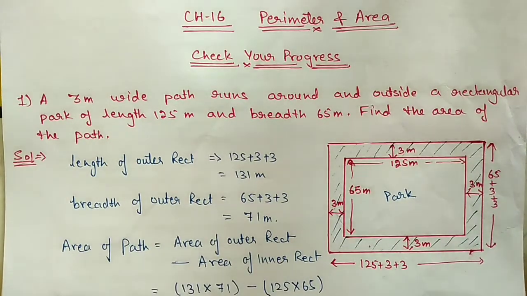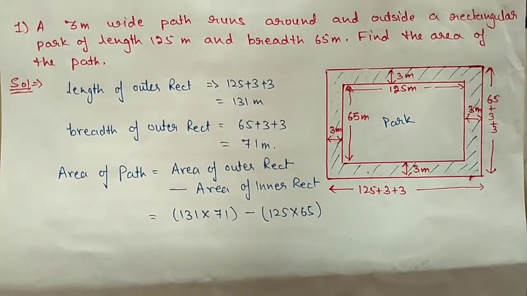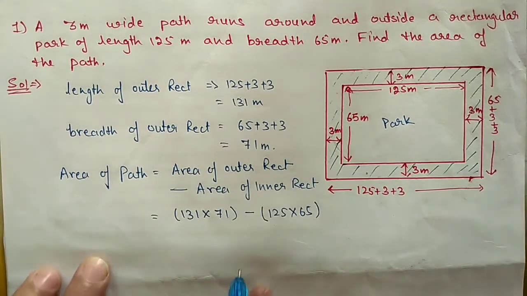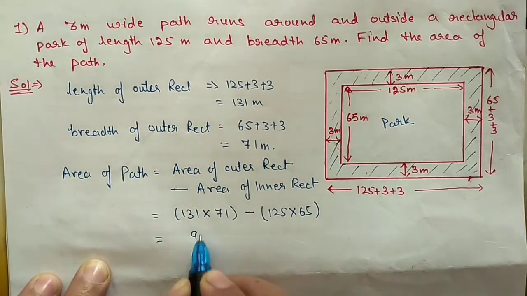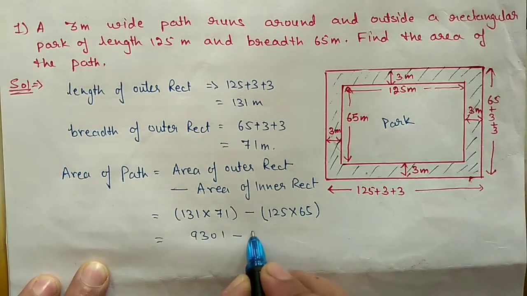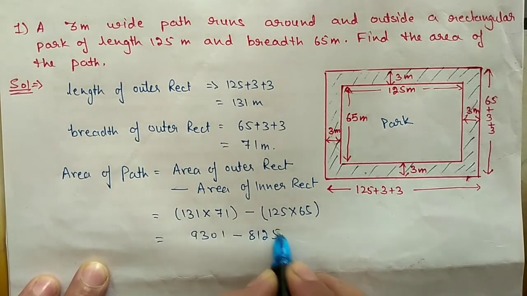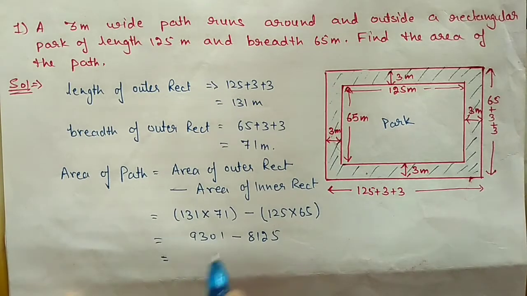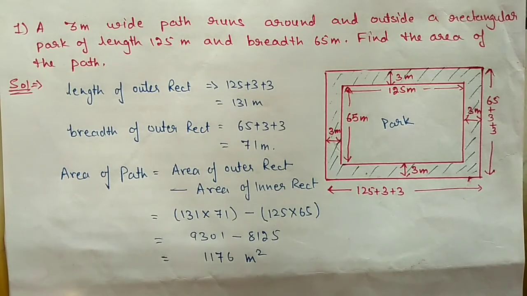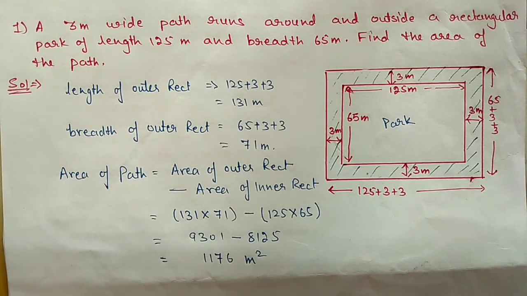These are the dimensions for the inner rectangle. Now 131 and 71 we have to multiply. After multiplication we will get 9301, and 125 into 65 we will get 8125. Then we subtract it, we will get 1176 meter square. This is the area of the path.